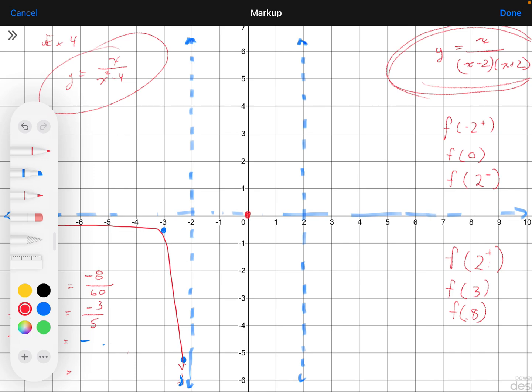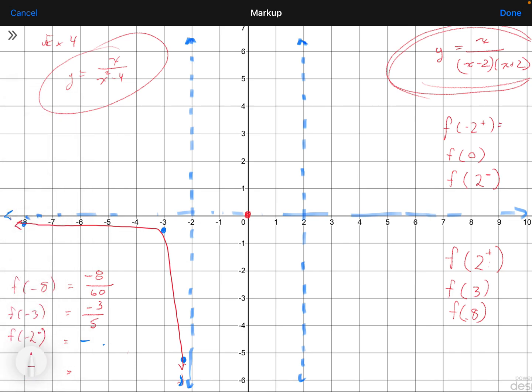Now I'm going to go to what's in the middle. And in the middle, the top factor, x. Now, when I say -2 on the positive side, I'm really thinking -1.99. The top factor is going to be negative. And then let me look at this factor, -1.99 minus 2. Well, that factor is going to be negative.